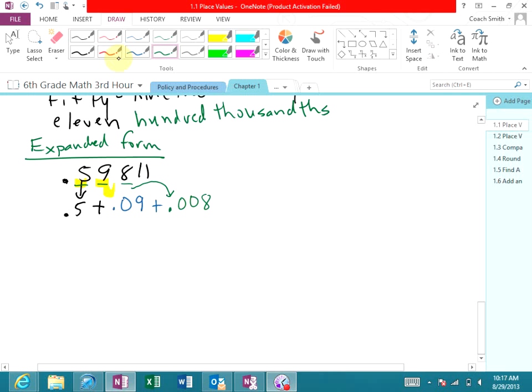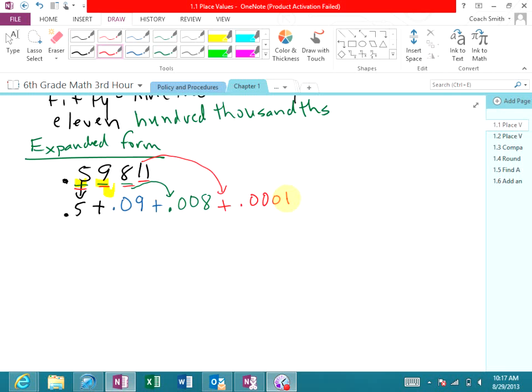Okay? The next one, we've got 4 place values. So I'm going to take the 1.0001. See? I had 4 place values here, the 5, the 9, the 8, and the 1. So I have to have 4 here. 1, 2, 3, 4.